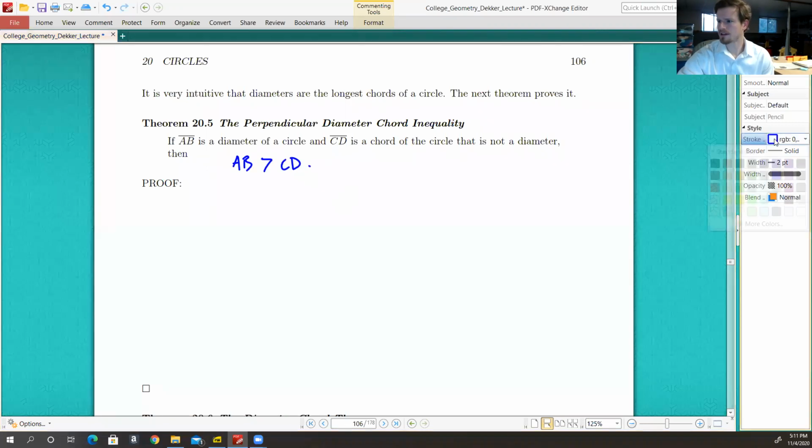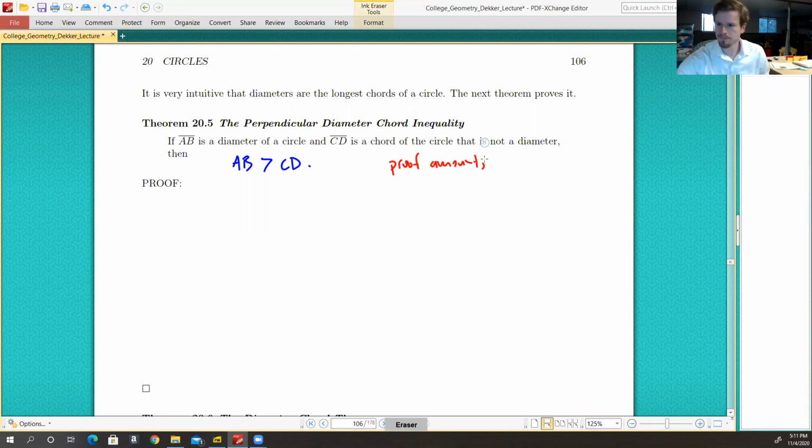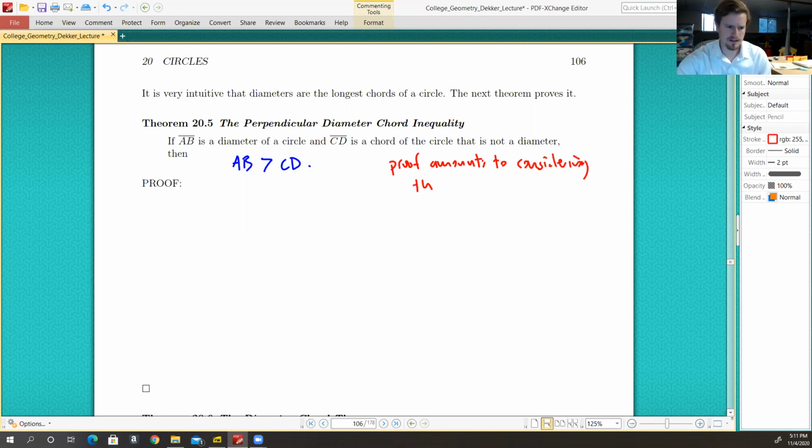And really, in terms of proving this, the proof amounts to considering the triangle inequality.